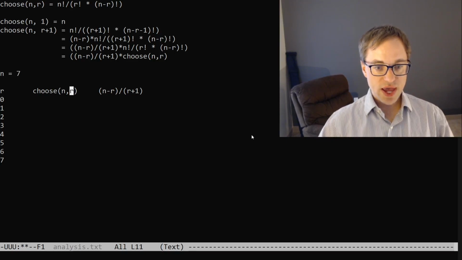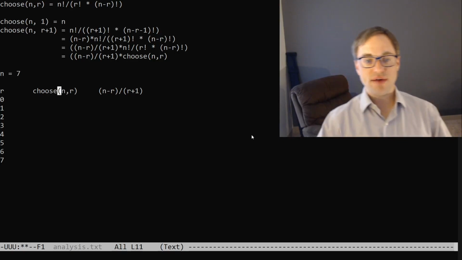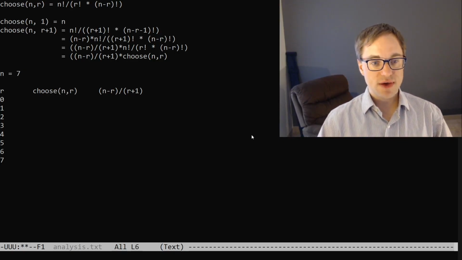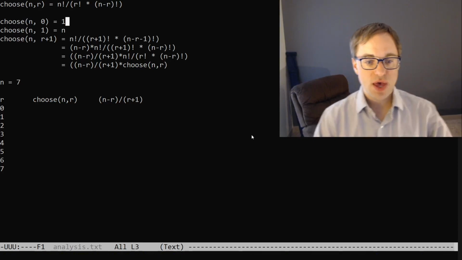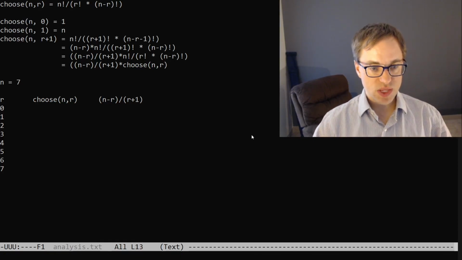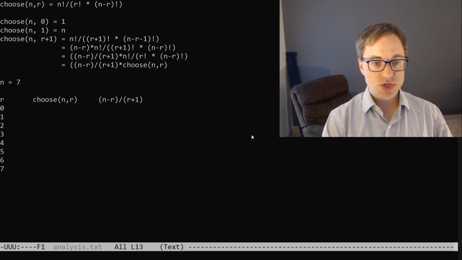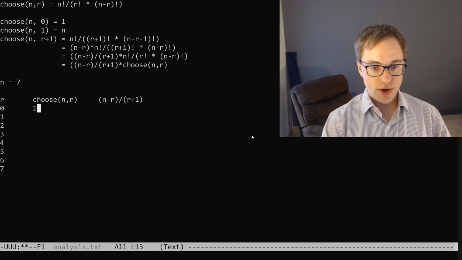We have n choose 0. Actually, this is perhaps a better way of defining our base case. You can either do it as n choose 1 is equal to n, or you can do n choose 0 is equal to 1. It's going to work out the same in either case. Okay, so that's going to be 1.